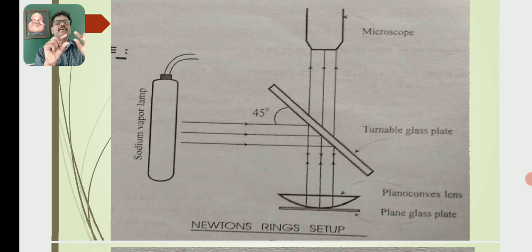The Newton's ring set consists of a glass plate above which a plano-convex lens is placed such that its curved surface is in contact with the plane glass plate. An air film is formed between the lower surface of the lens and the upper surface of the glass plate.